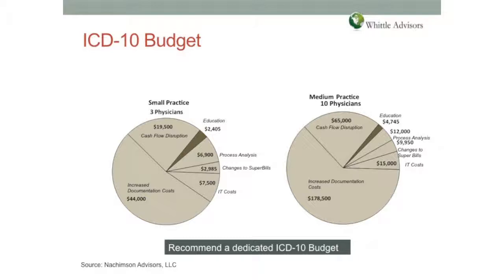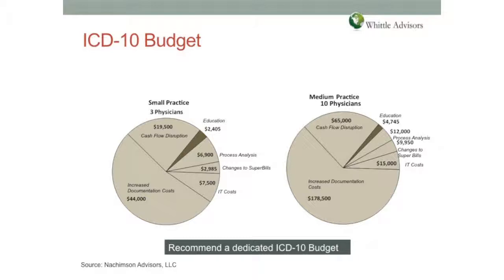Potential changes to your super bill, your IT costs. If you need an upgrade that is not covered by your existing support contract, you might experience a cost there. And then this big piece of the pie has to do with increased documentation costs. Another way of saying that is lost productivity.